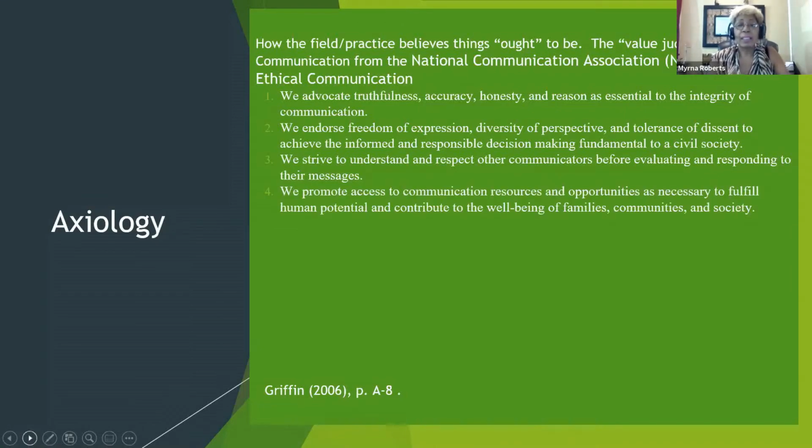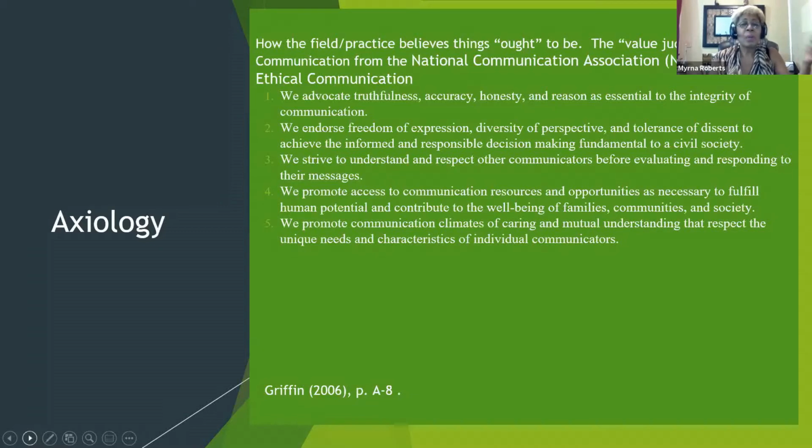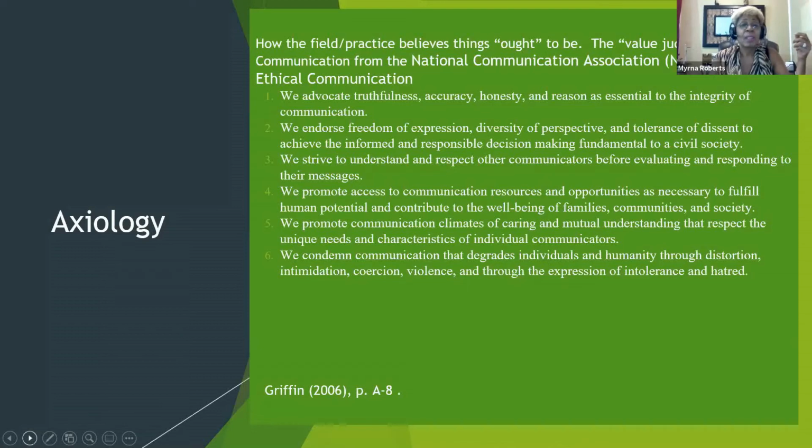We promote access to communication resources and opportunities as necessary. I think you guys know that. I'm going to make sure you get all the opportunities you can to get to the communication. We provide communication climates of caring and mutual understanding that respect the unique needs of others. I'm trying to do this.